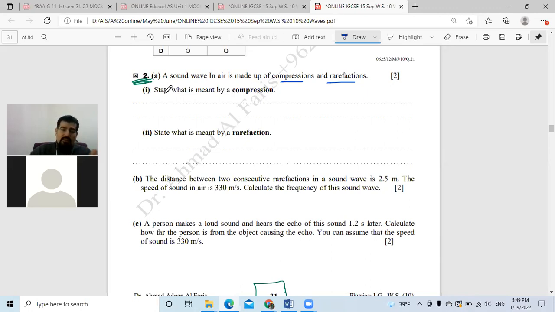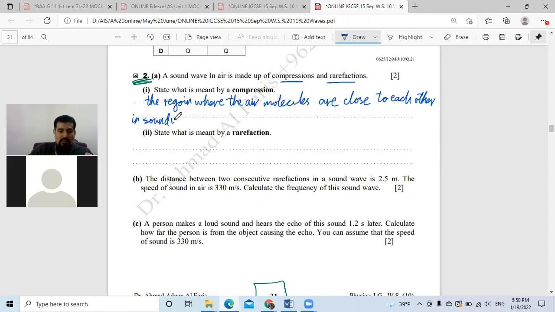Compression is the region where the air molecules are close to each other in a sound wave, causing high atmospheric pressure.